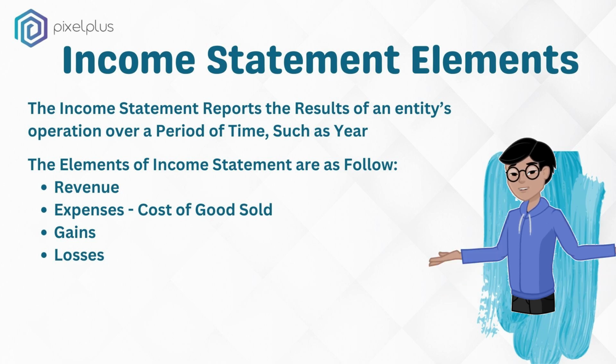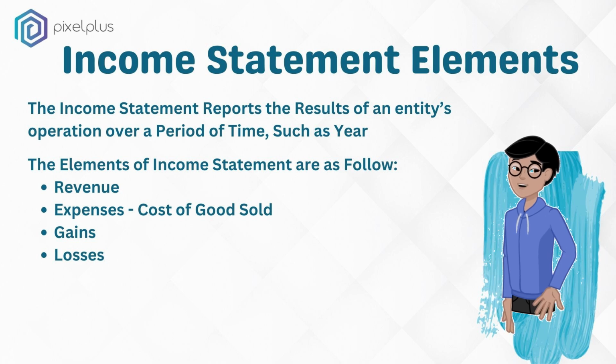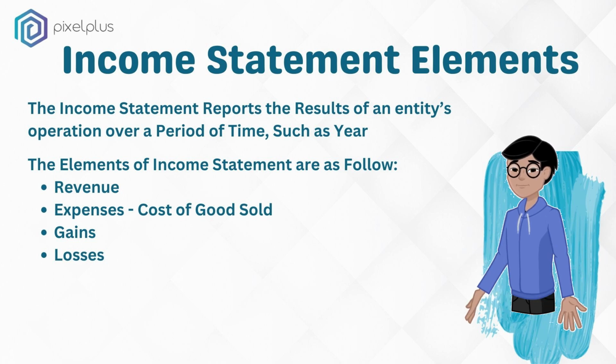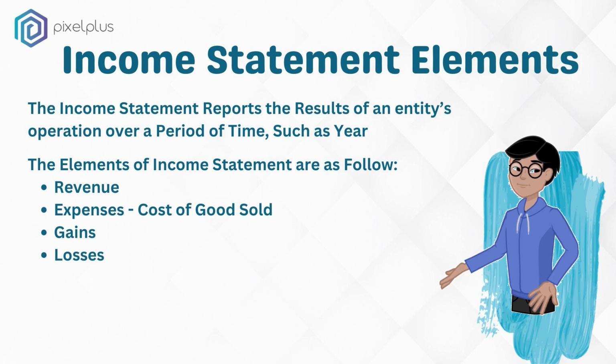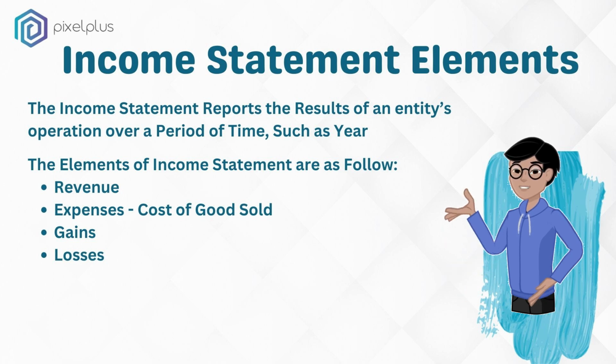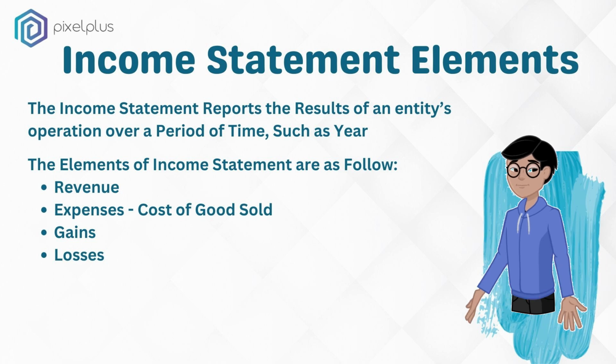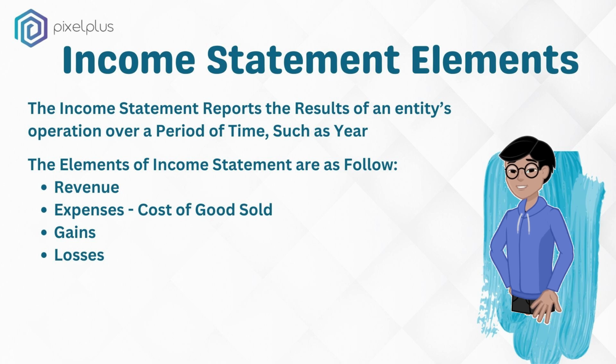When we are talking about the income statement, we should also know why it is important. The first thing, it helps stakeholders assess how profitable the company is over a period of time. By examining the operating expenses or the operating income, stakeholders can evaluate how efficiently the company is being managed.